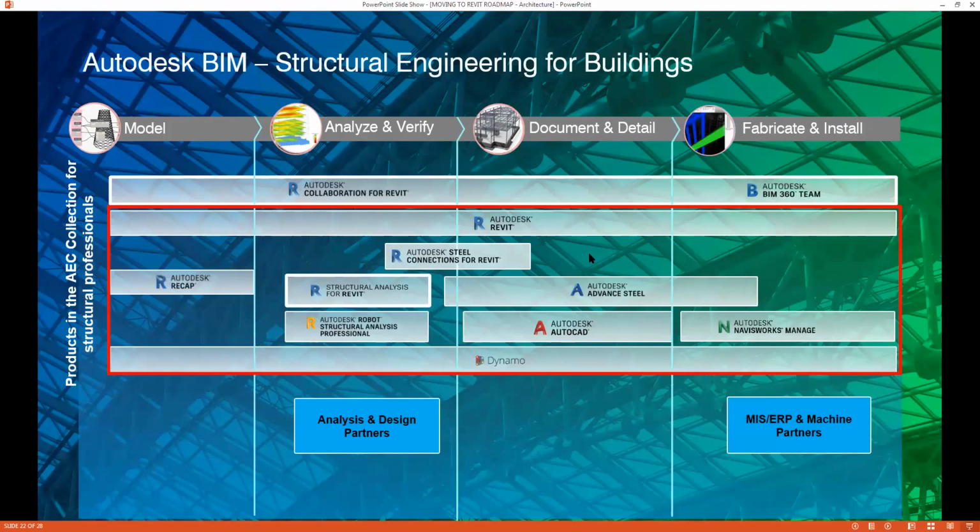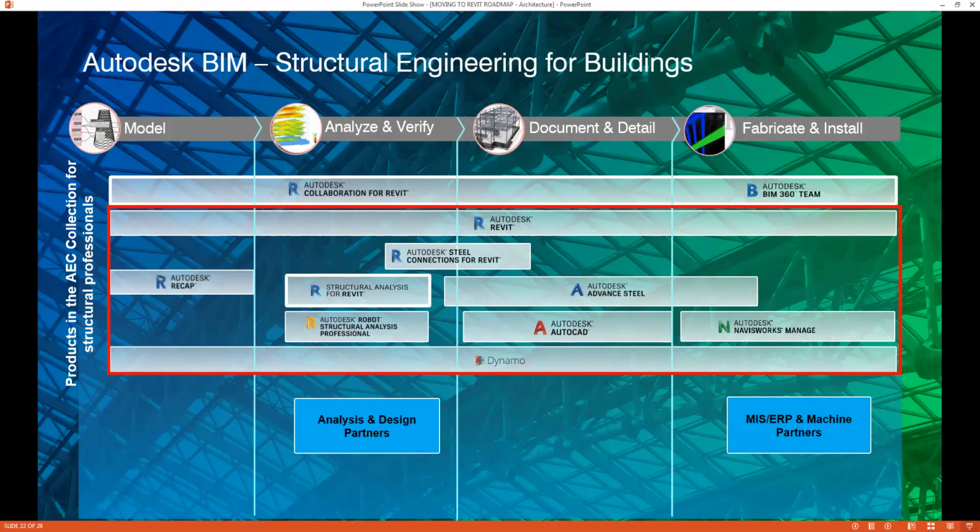So for document and detail stage, using steel connections for Revit. This one covers how the steel members in your structure are connected. That is whether it's bolting, whether it's riveting, the plates, the base plates, all those things. Autodesk Steel Connections for Revit helps you to do that.